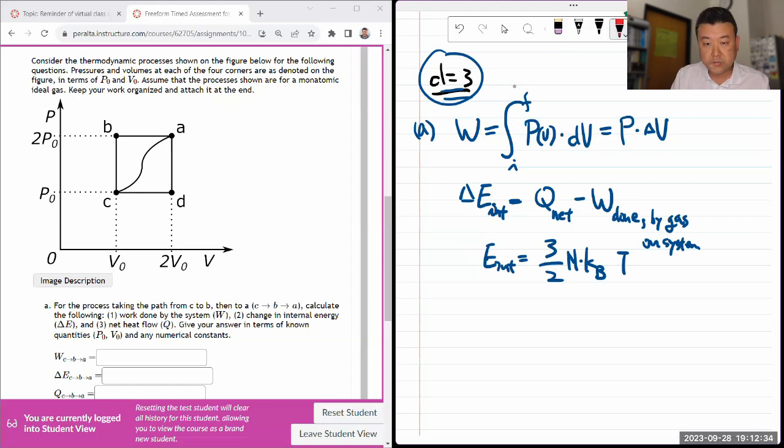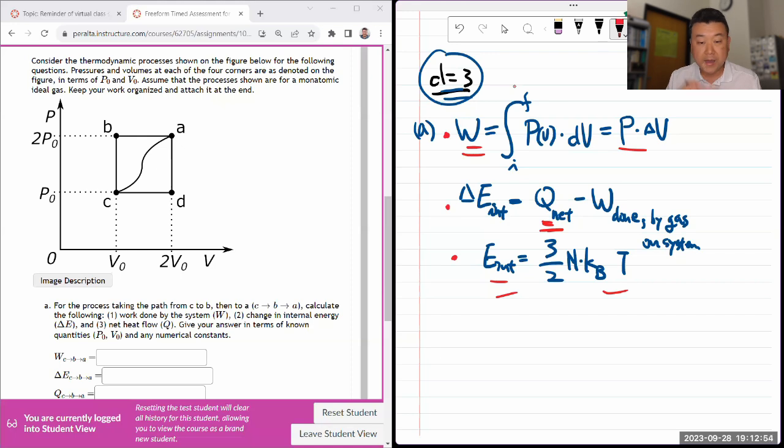I don't even need the change part. As you look at these three equations, you can tell which one is useful for what. This is useful for calculating work. This is useful for calculating internal energy. And this first law is often useful for calculating the heat, because there's no other formula for heat.